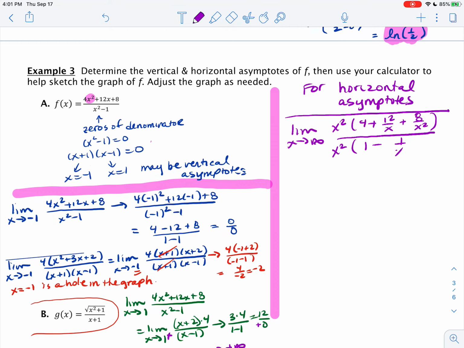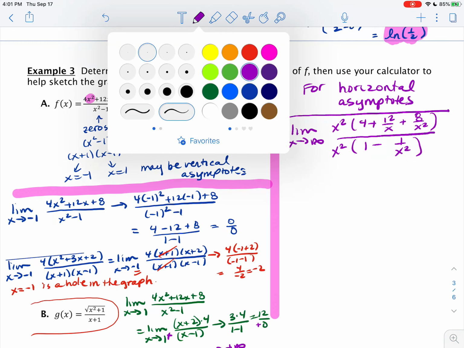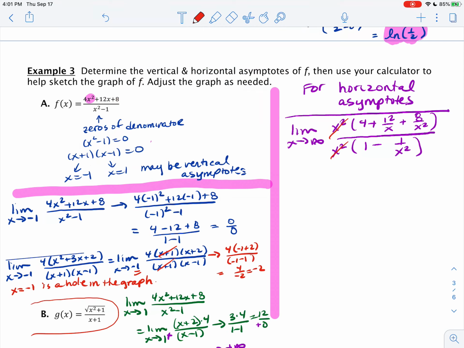And I'm going to factor out the x squared from the denominator, and I'm going to get 1 minus 1 over x squared. I am able to cancel my equal magnitudes of infinity, and this is going to equal the limit as x approaches infinity of 4 plus 12 over x plus 8 over x squared, all over 1 minus 1 over x squared.